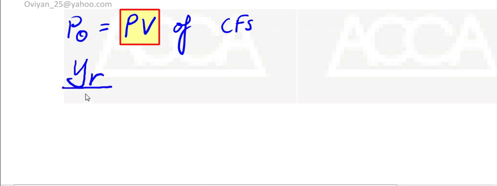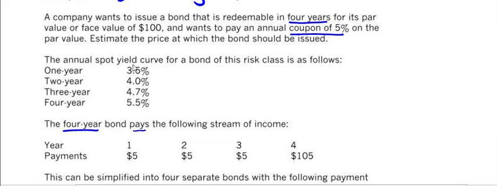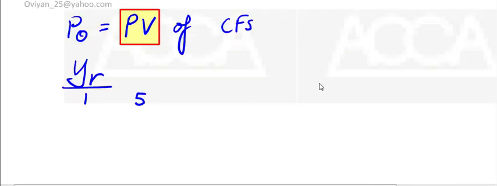Year 1, you're going to get $5, assuming you're going to invest for 1 year. The return that you're going to get is 3.5%. 1 year later, you're going to get $5. How much would you invest today? That's the question. How much would you put in today?